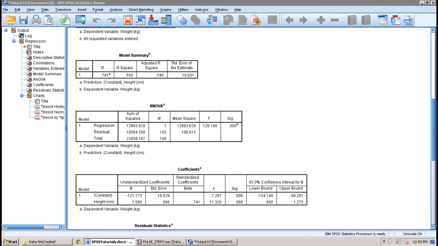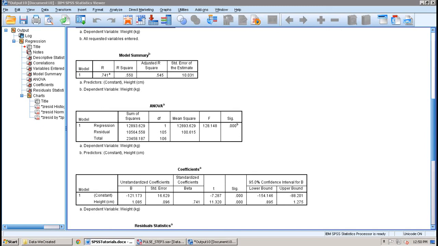Regression and analysis of variance are mathematically the same process, but the one-way ANOVA is a special case, as is simple linear regression. This table provides an overall p-value of whether the model explains a significant amount of variation. In this case, the overall p-value is 0.000, and thus this model does explain a significant amount of the variation in weight.